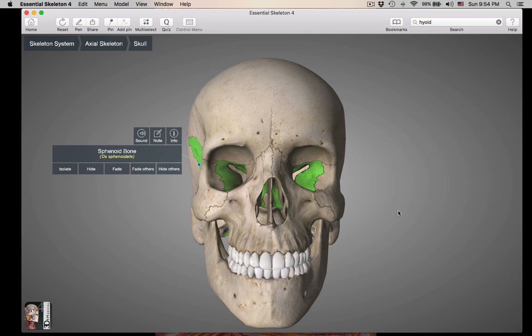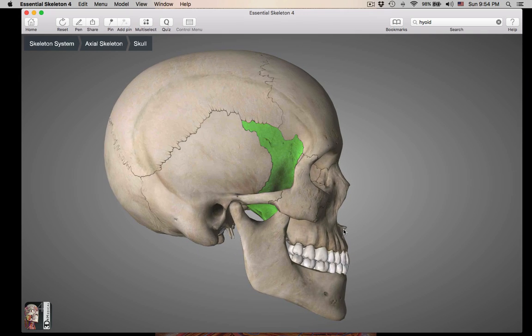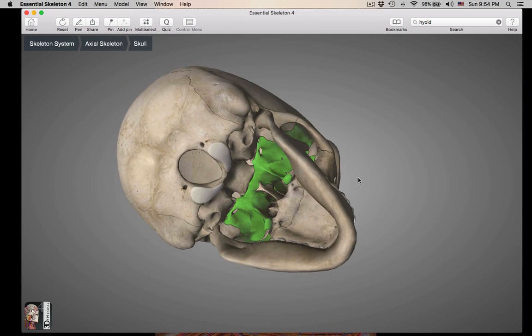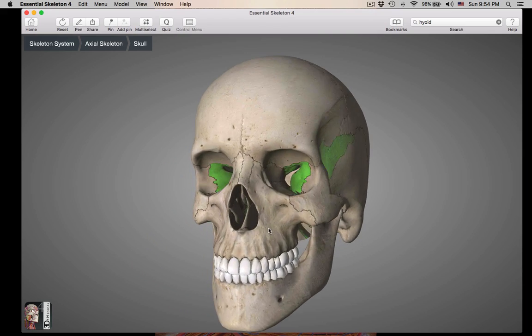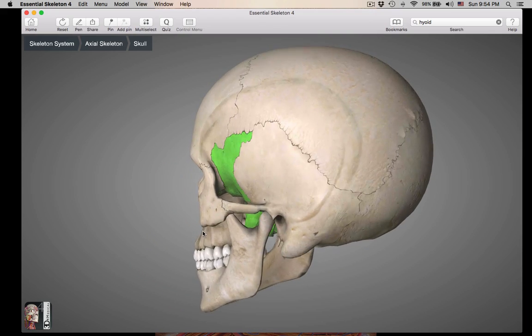Once you have the disarticulated sphenoid bone and you look at it with your articulated skull, it will make sense, but it's going to take you a while to figure it out. So, this is the part of the sphenoid bone that you can see from the outside. There's a lot of it that you can't see that's on the inside.